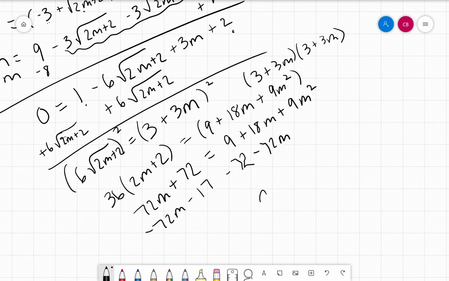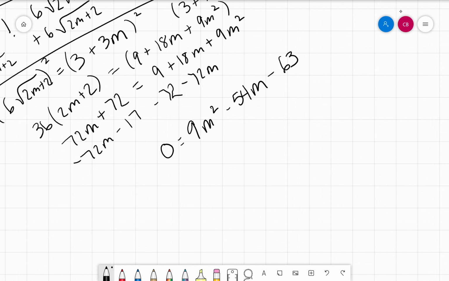This is 9m squared, oh gosh. 72 is 8, 18 is 2, 8 minus 2 is 6, so this is 54. 54m minus 63 is equal to 0. We can factor out a 9.